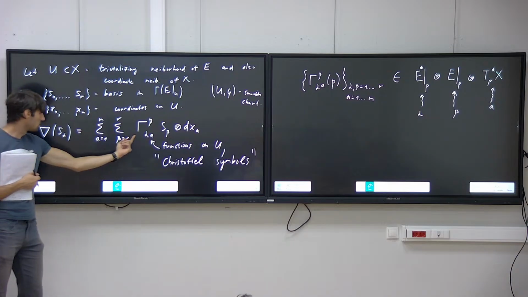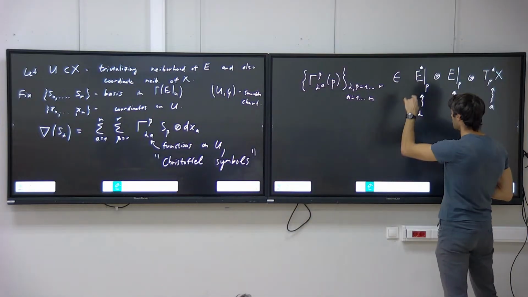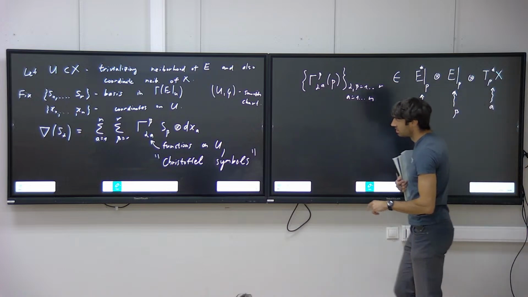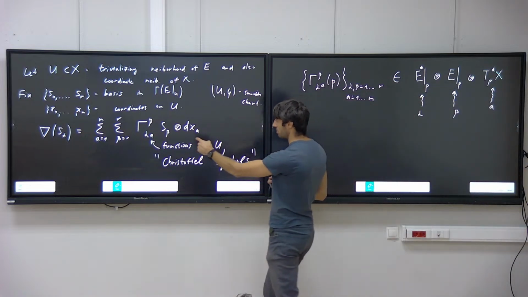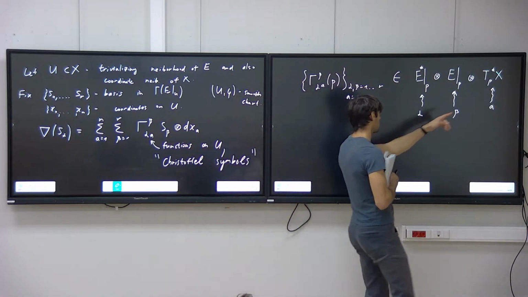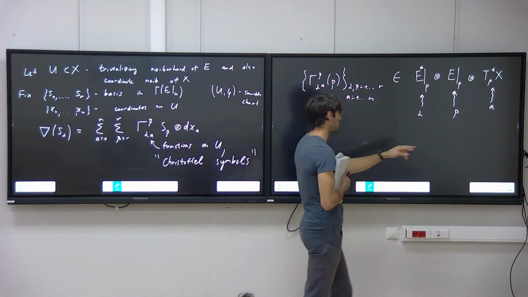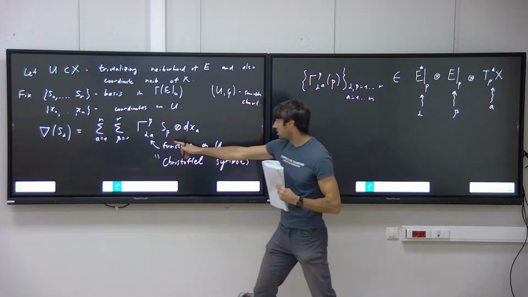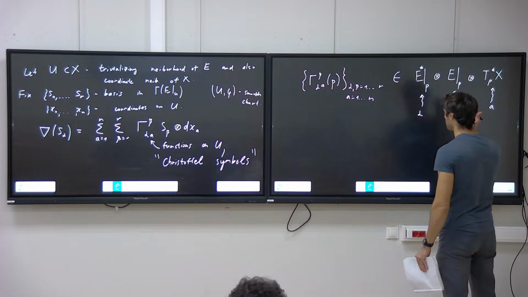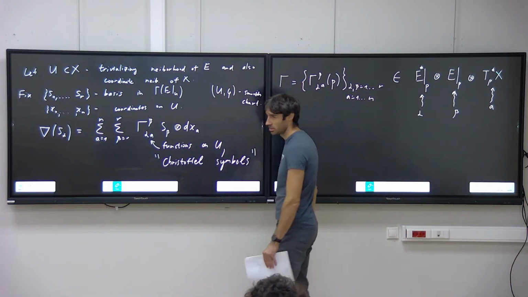So this alpha is what eats a section, so therefore it's in E star. Now this guy is a value, so it corresponds to this index in E. And this guy is a value in this tensor component, so it corresponds to index A. So now I think of this and denote it as just gamma without indices.